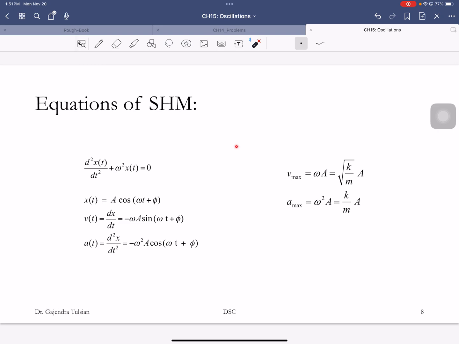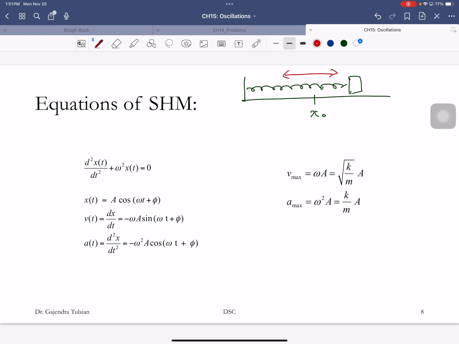All right, so this one slide summarizes everything we've said so far. Okay, so what was our system? This was our physical system. Here's the equilibrium position, and you've set this system in motion. So this system is oscillating.